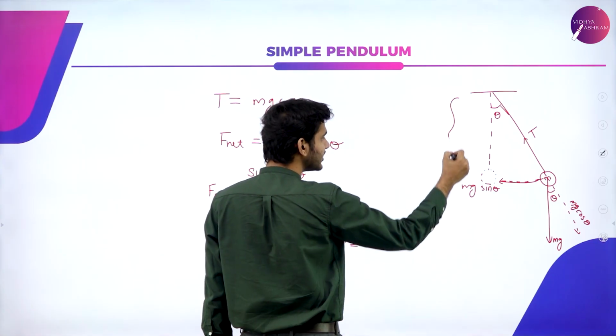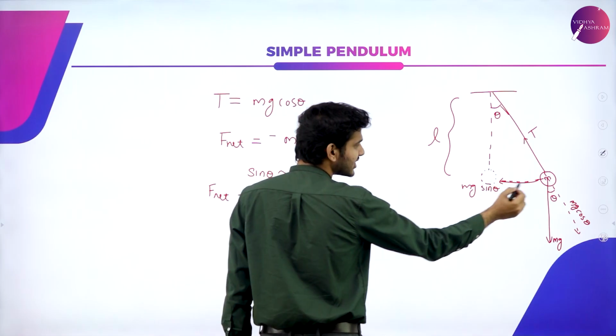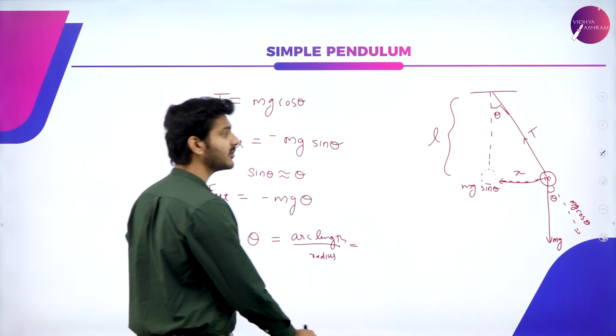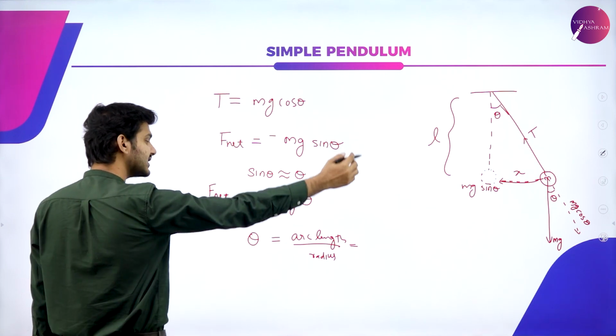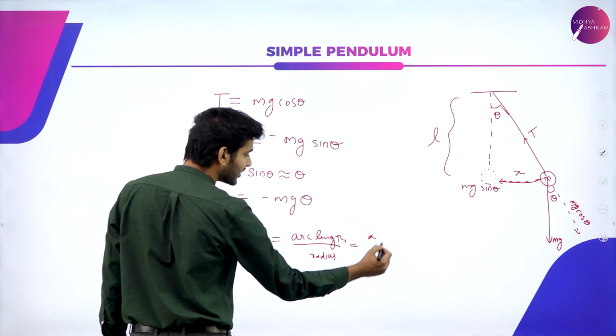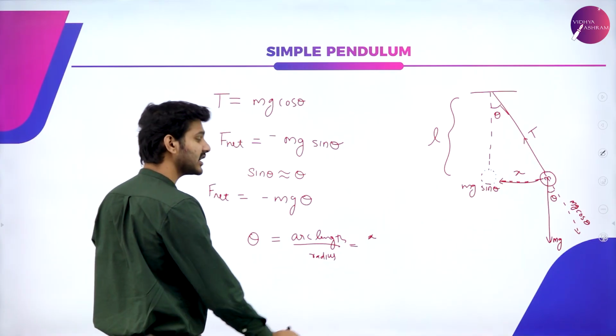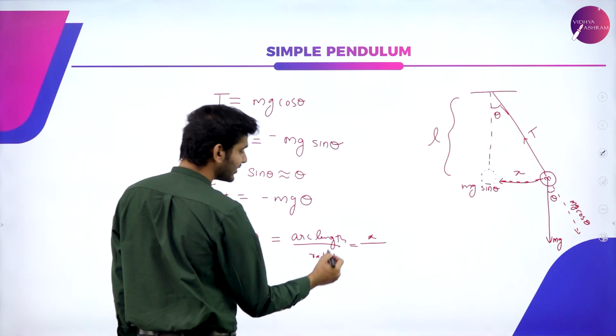I told you it is of length L, and the displacement we usually take as x. So here also I'm taking it as x. So we can say that the arc length, which is nothing but the displacement from the mean position to this particular point, is taken as x, divided by the radius.